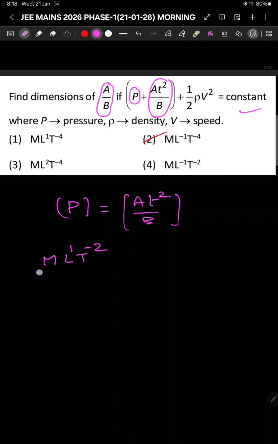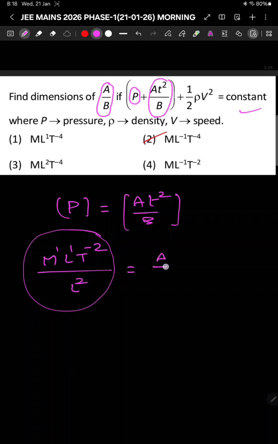According to the principle of homogeneity, the dimensional formula of pressure equals the dimensional formula of AT squared by B. So pressure means force by area, force formula is mass into acceleration, acceleration means L T power minus 2, and area means L squared. So we are asked to find the dimensional formula of A by B. T is T squared, so from this you can find the dimensional formula of A by B.